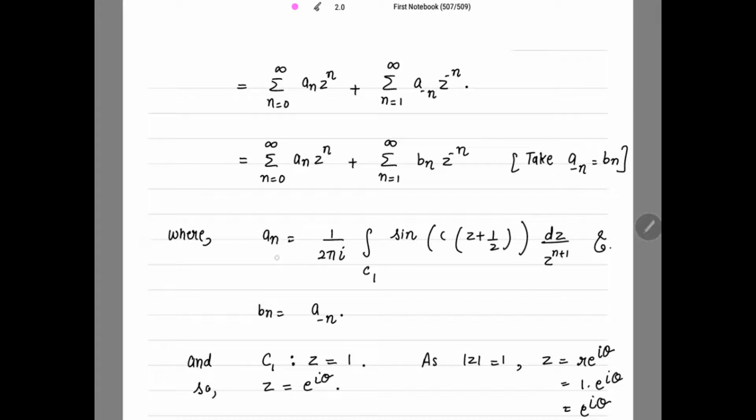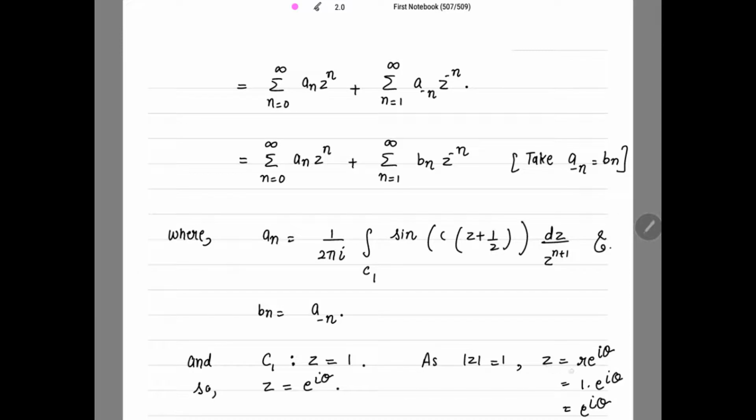So for the first coefficient a_n, I take the c1 circle, the inner circle, and suppose the c1 circle is centered at 0 with radius 1. So here |z| is equal to 1. I take the radius 1, because my radius r is greater than 0, I took small r equal to 1.